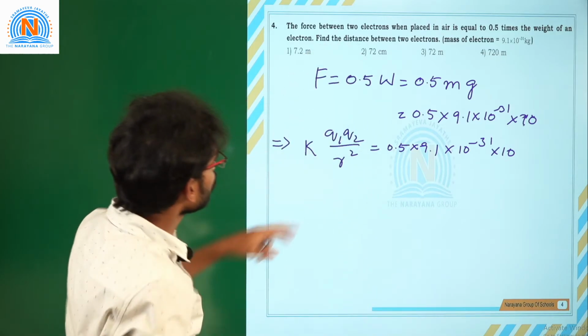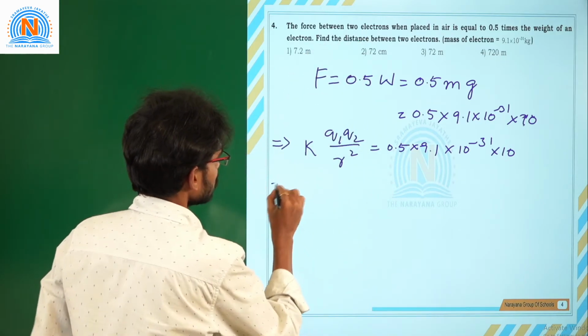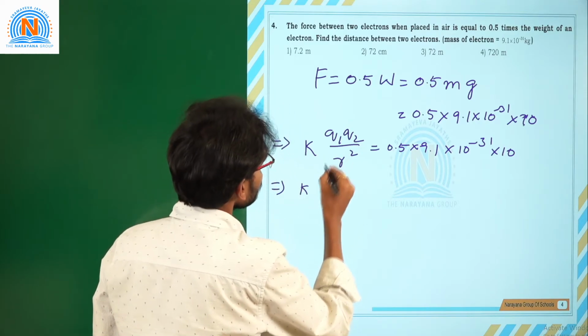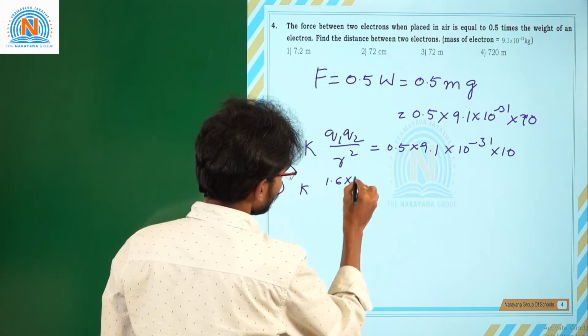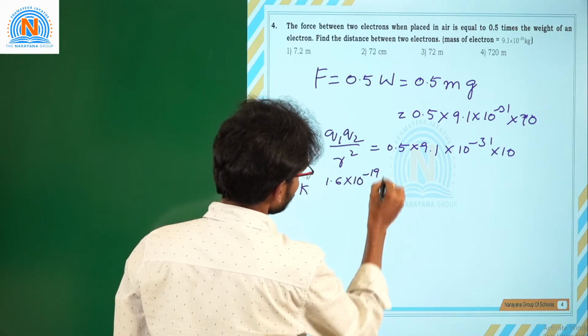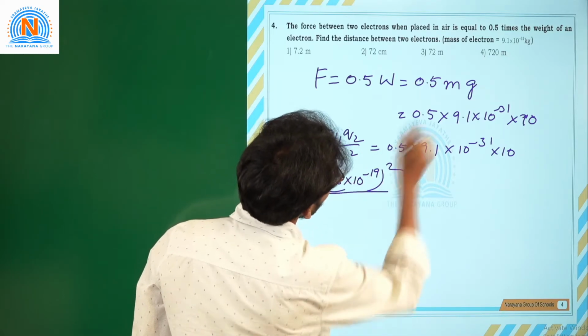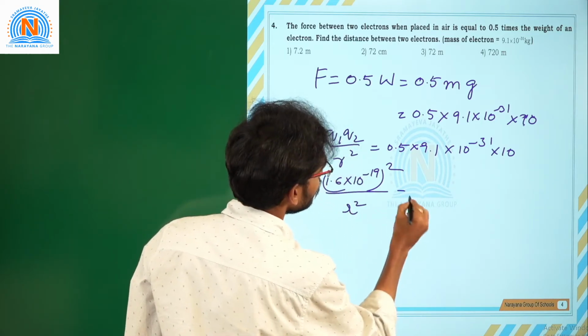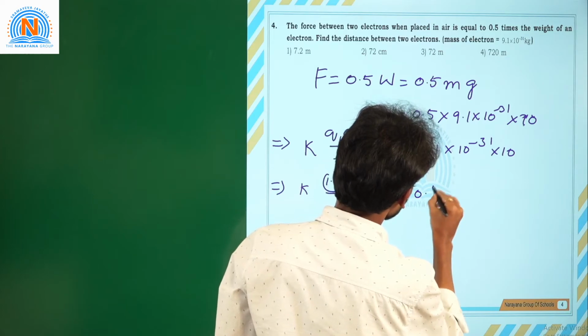Here Q1 and Q2 are electrons, so I write Q square as E square, that is 1.6 into 10 to the power of minus 19 whole square, by the separation distance R square.